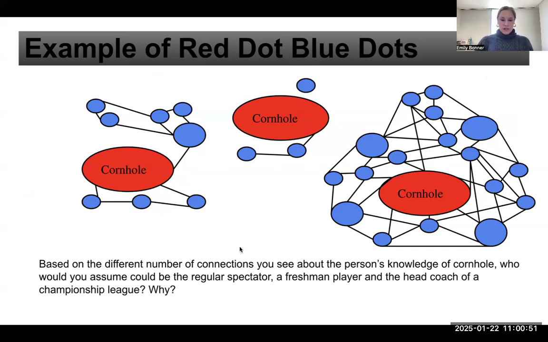Down here, I have a question: who would be just a spectator, maybe a freshman player, and the head coach of a championship league, and why? We can see that all of these connections and this broad view connected to lots of things they understand would be more of a head coach, right? This is someone who can see and understand a lot of things about this and connect it to a lot of different things. This might be more of a freshman player, and this is a spectator who understands what's going on and has some connections, but pretty basic, right?